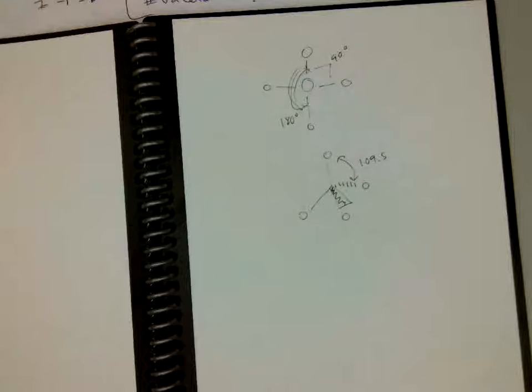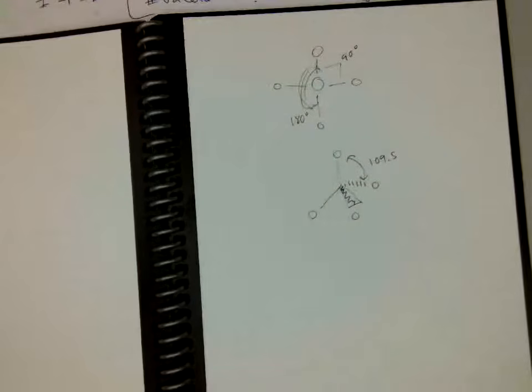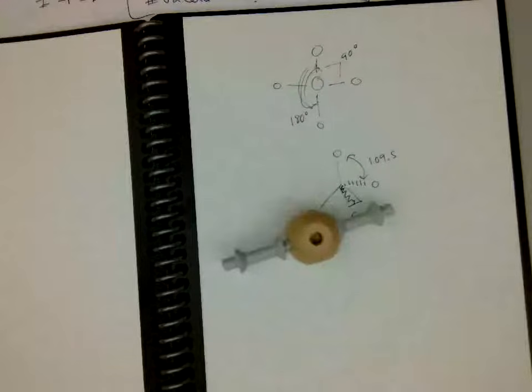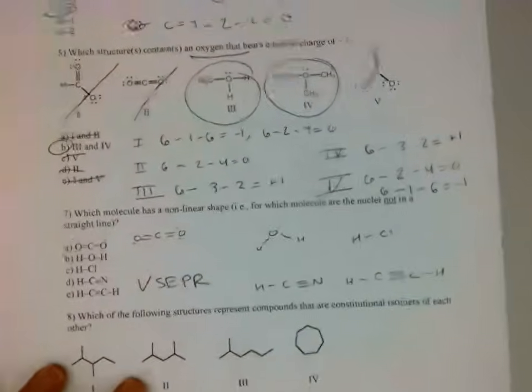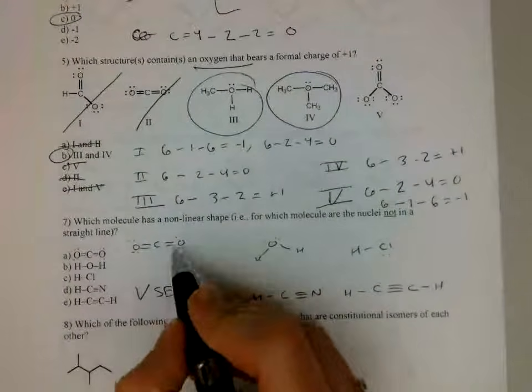So this question is asking which one of them is linear, or which one of them has a molecular shape that looks like this. And you'll need to know VSEPR theory pretty well in order to answer this question. Let's look at the structure first for carbon dioxide.